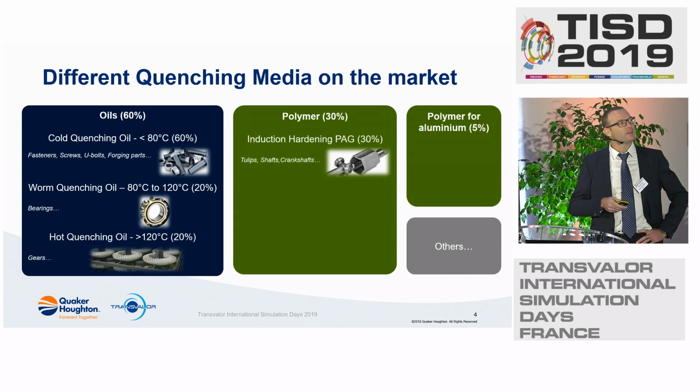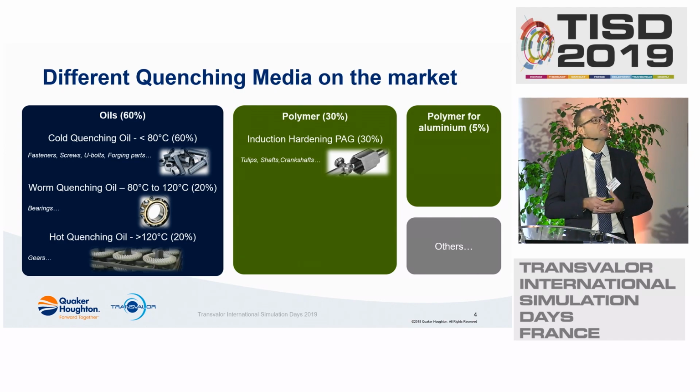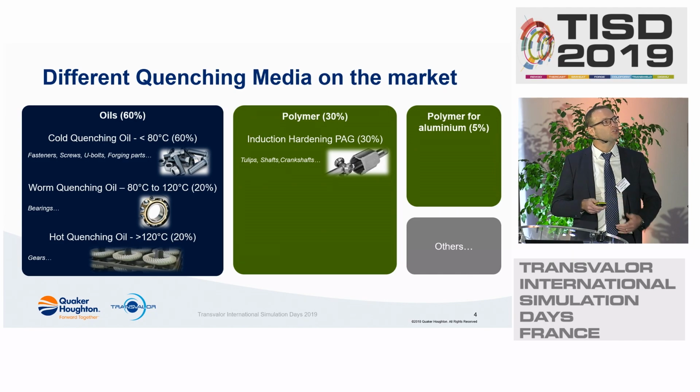In these polymers, we have 2 types of process. The first one is induction hardening, which is often used with polyalkylene glycol. It represents 30% of the market. It's very often used for tulips, shafts, crankshafts.